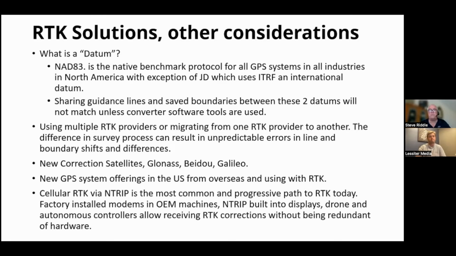And up until recent, John Deere has always been using a separate one, which is ITRF, an international datum, and it's a single reference point, as if they've calculated the center core of the Earth, and then it's a worldwide reference point, and it's a single point.